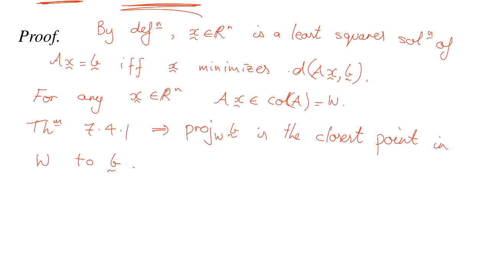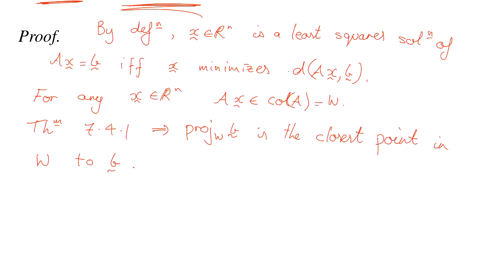There's only one thing you can demand Ax to be if you want Ax to be as close as possible to b. Because Ax lives in the column space, and the closest point in the column space to b is the projection of b onto the column space. That's the whole argument. Now, the interesting thing here is that even though this closest point is unique, there's a unique point in the column space that's as close as possible to b, there could be lots of x's that produce that.